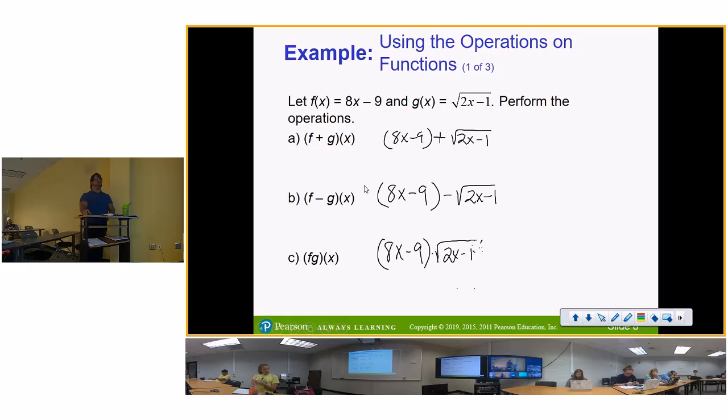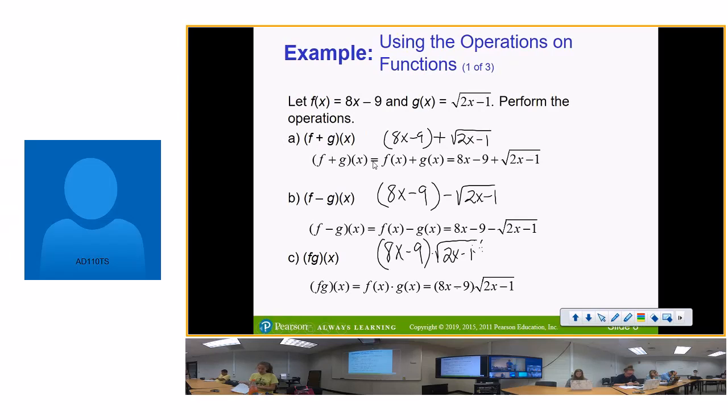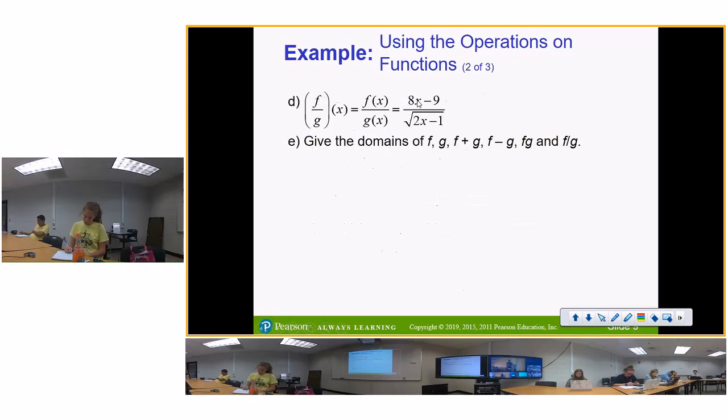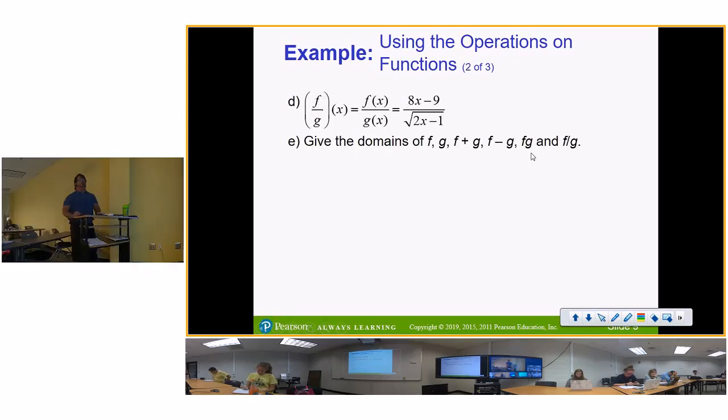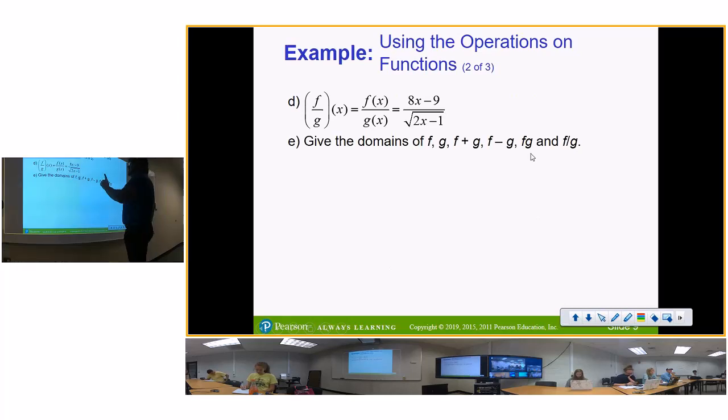Oh, this is a continuation. I'm sorry. Okay, I just use this right here. Give the domain, let's see, what do they want right here? Oh, we did D, didn't we? Oh, that's division. That's nothing. All right, now, give the domains of F.